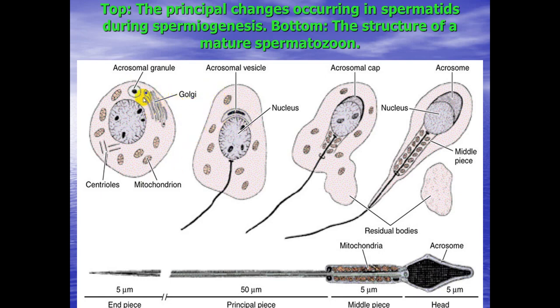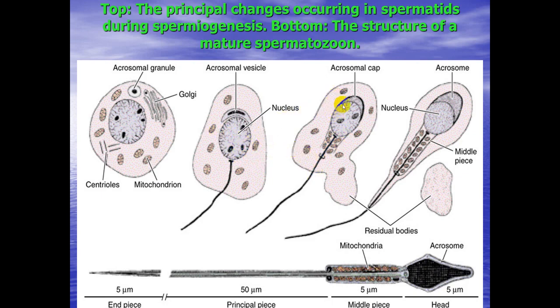It is filled by hydrolytic enzymes like trypsin, acrosin, and hyaluronidase, and locates like a cap on the front surface of the nucleus. You can see that it forms the flagellum, and mitochondria.